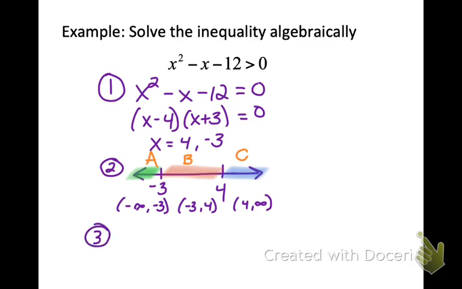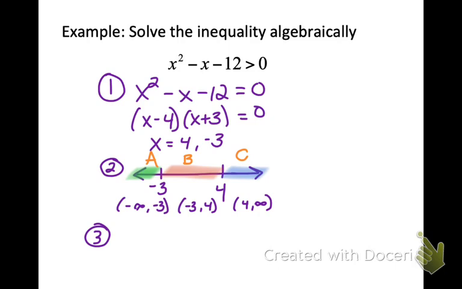Now the beauty is, as long as 0 is not one of your x-intercepts, use 0, 0 as your tester point. Because your options are, it's either going to be B, or if it's not B, then it's going to be A and C as your two solutions. Because you can think back to our two graphs. It's either shaded in between, which would be that B interval, or it's shaded on the outside, which would be the left and the right. Do you guys see that?